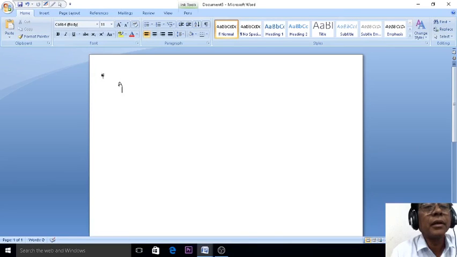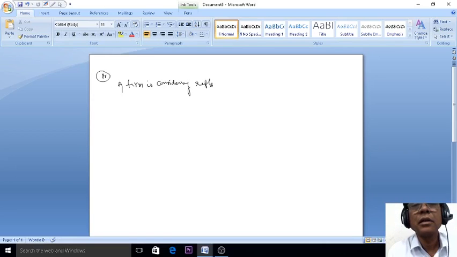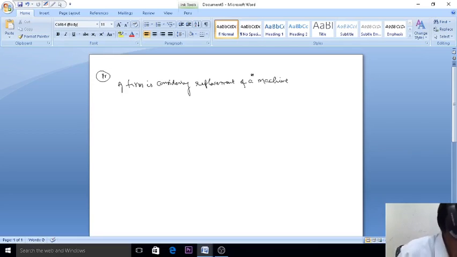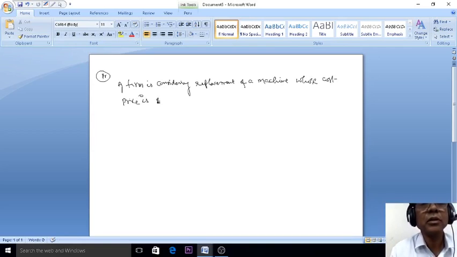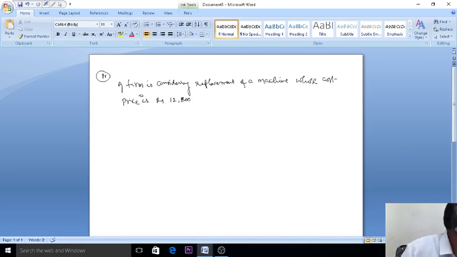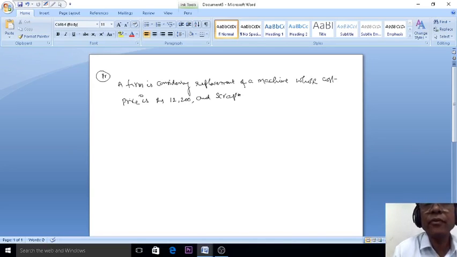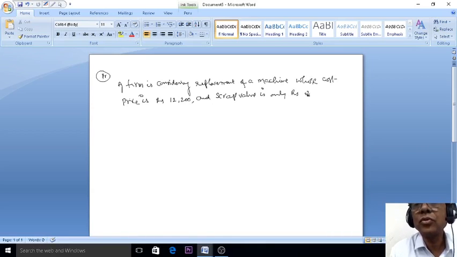A firm is considering replacement of a machine whose cost price is rupees 12,200, and the scrap value is only rupees 200.